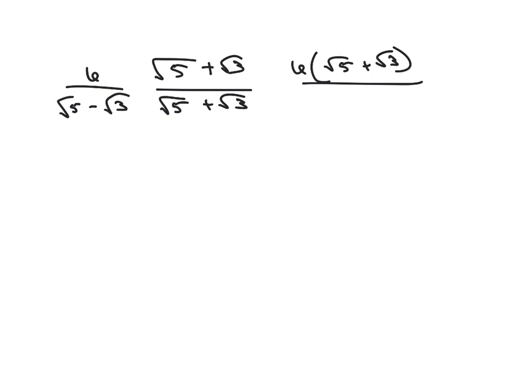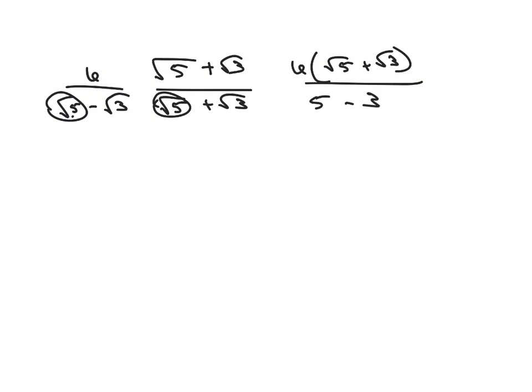Now what we do here is we square the first term. So the square root of 5 times the square root of 5 is the square root of 25. So that's actually 5. Then we take the square root of 3 times the square root of 3 and get the square root of 9, which is 3.